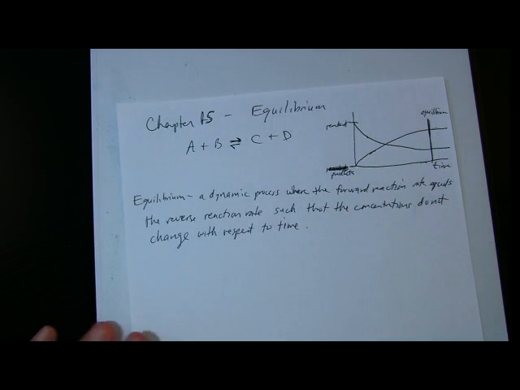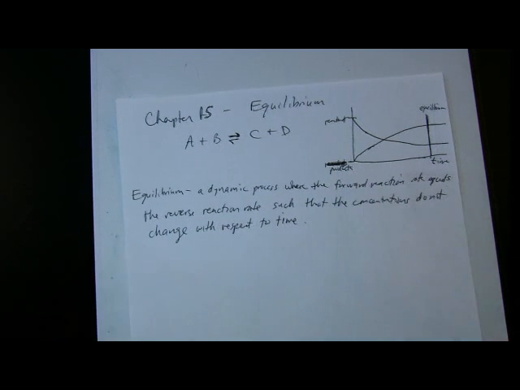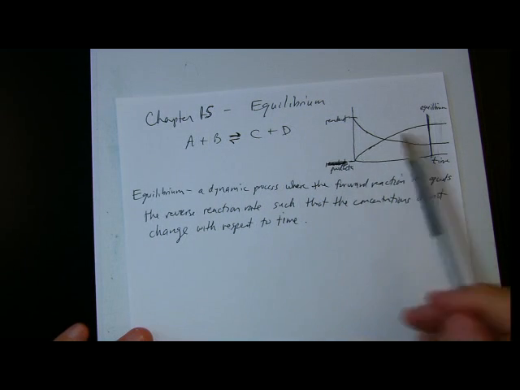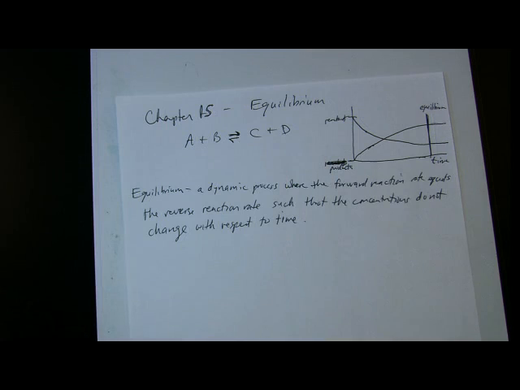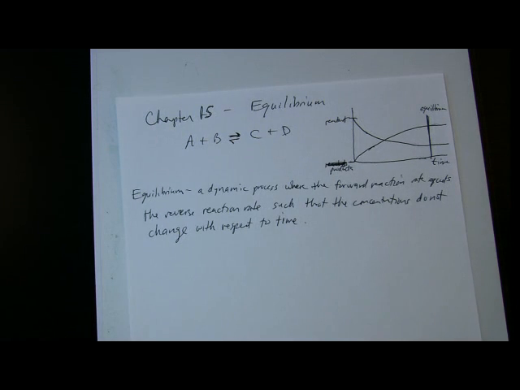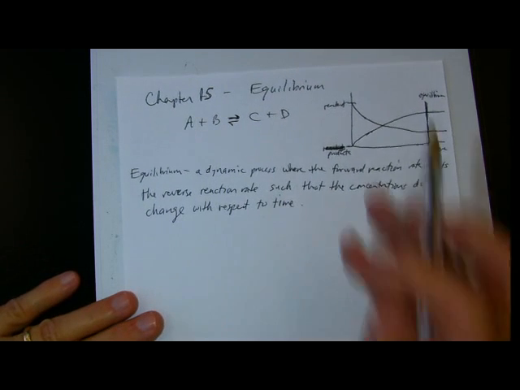All right. So in this example here, we mix the reactants together, and then the concentrations are changing, right, as the reactants go down and the products go up. But there will be a point at which it reaches an equilibrium, the two reaction rates are equal, and so the concentration doesn't change.